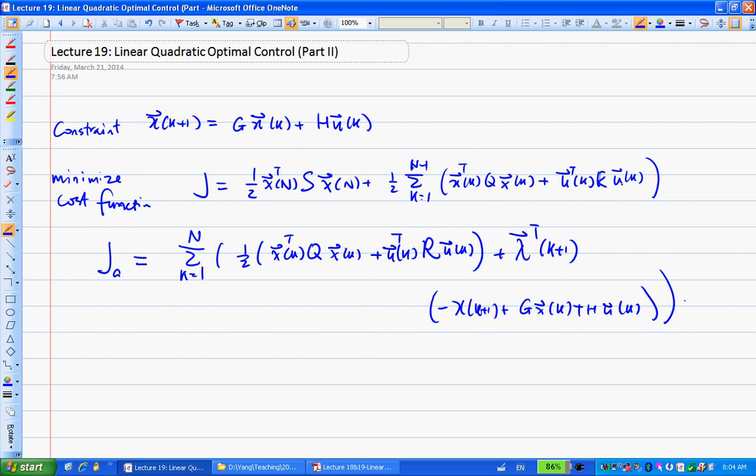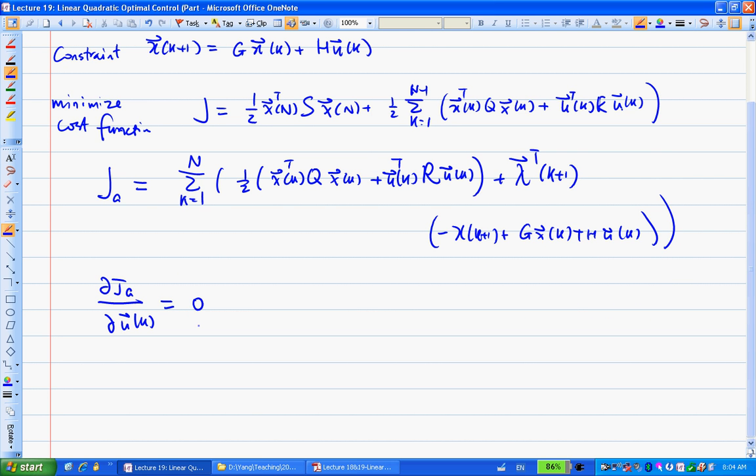Then in order to find the optimal values x of k and u of k such that the augmented cost g a is minimized, we need to calculate 3 partial derivatives. Let this one equal to 0, and let this one equal to 0, and let this one equal to 0.